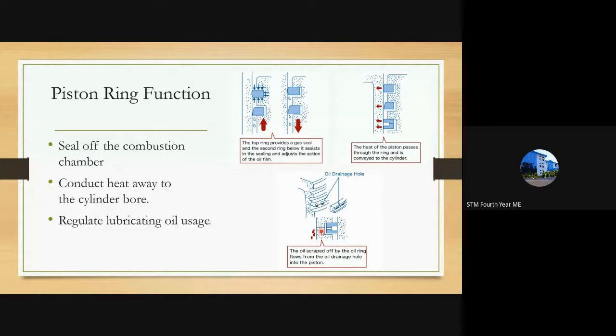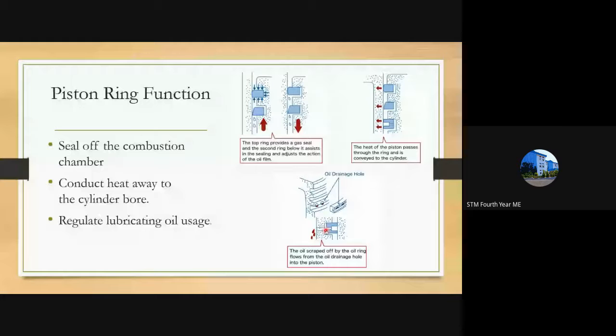Where there is an oil ring, there is a hole inside the piston groove. Providing a hole inside the piston groove is to facilitate the movement of oil from the oil ring through the piston into the oil sump. That is why a hole is provided at the groove where the oil ring is present inside a piston. When you dismantle a piston, you can see some holes where the oil ring is present.